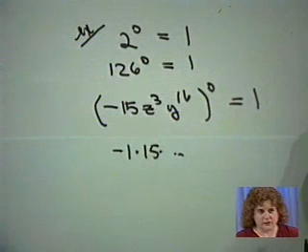These sorts of problems, or the application of this rule, comes into play if you have something like x times y raised to the 5th power, and you're dividing that by y raised to the 5th power.